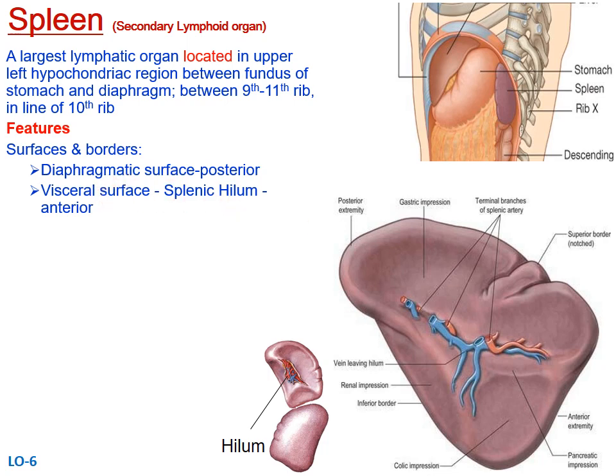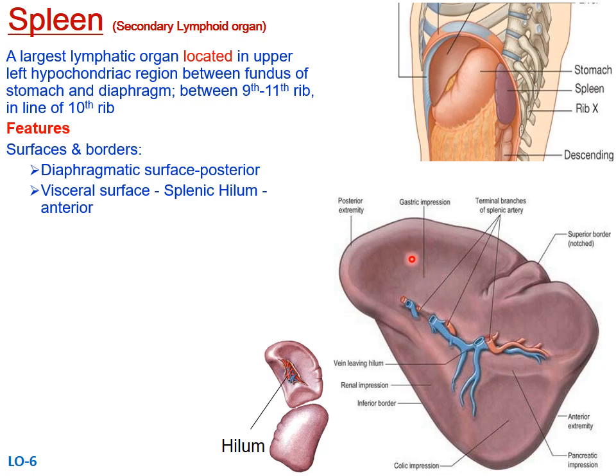Visceral surface. Viscera means organs. The anterior surface is called the visceral surface because there are organs making impressions on it. This depression is called the colic impression, due to the left colic flexure.